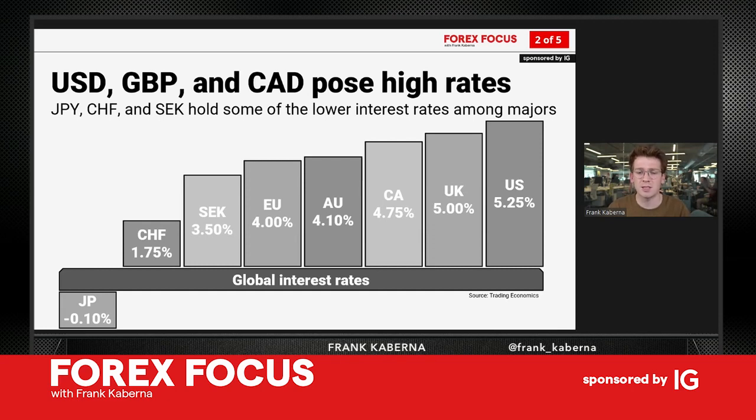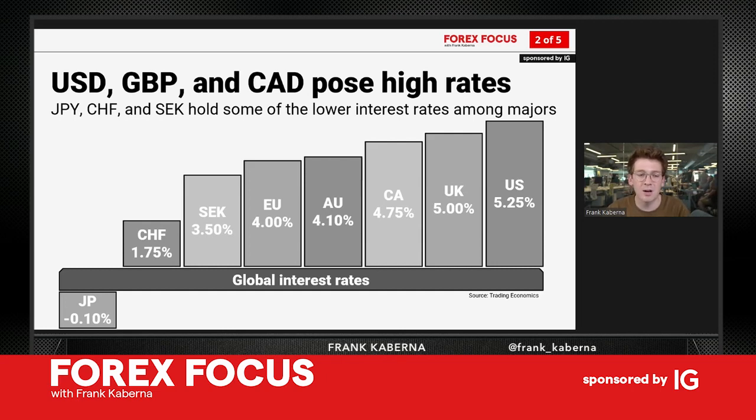If you've got positions on in Japanese yen versus Australian dollar, and you're long the yen, short the Aussie, you would want to know that, by the way, you've got this negative carry working against you every night. The US, Great Britain, and Canada have some of the highest interest rates right now. Japan, Switzerland, and Sweden have some of the lower ones.